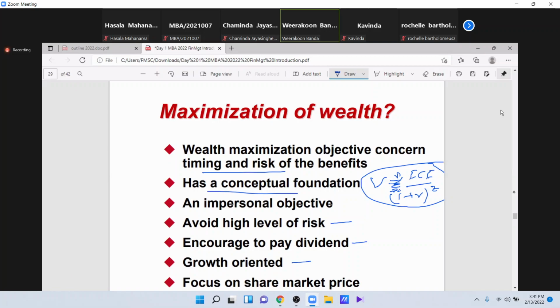Growth oriented: every year you can observe some increase in company value. Year 1 firm value, year 2 maybe more than that, the third year maybe more than that. Likewise, it is growth oriented, with more value creation.